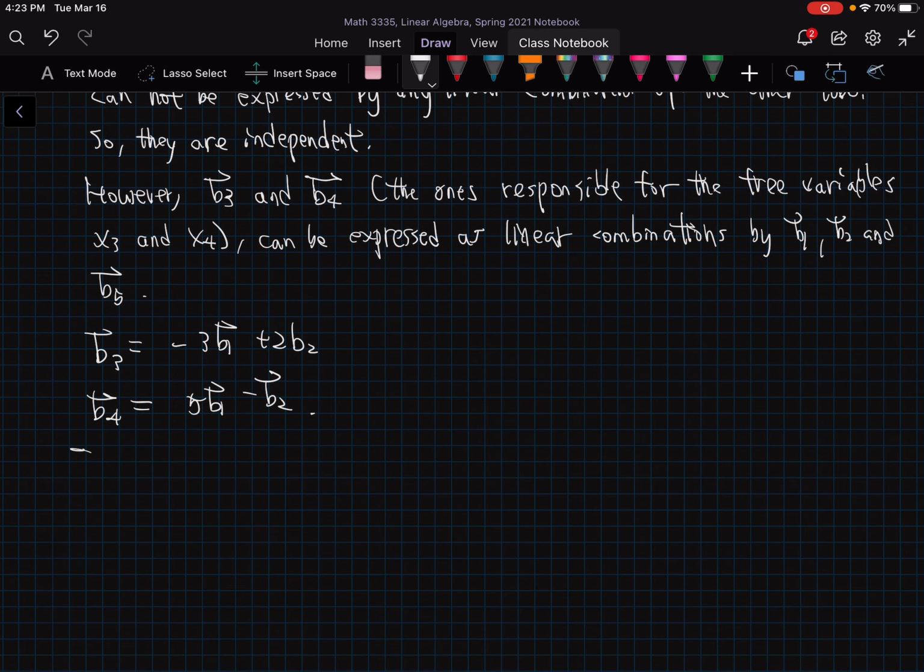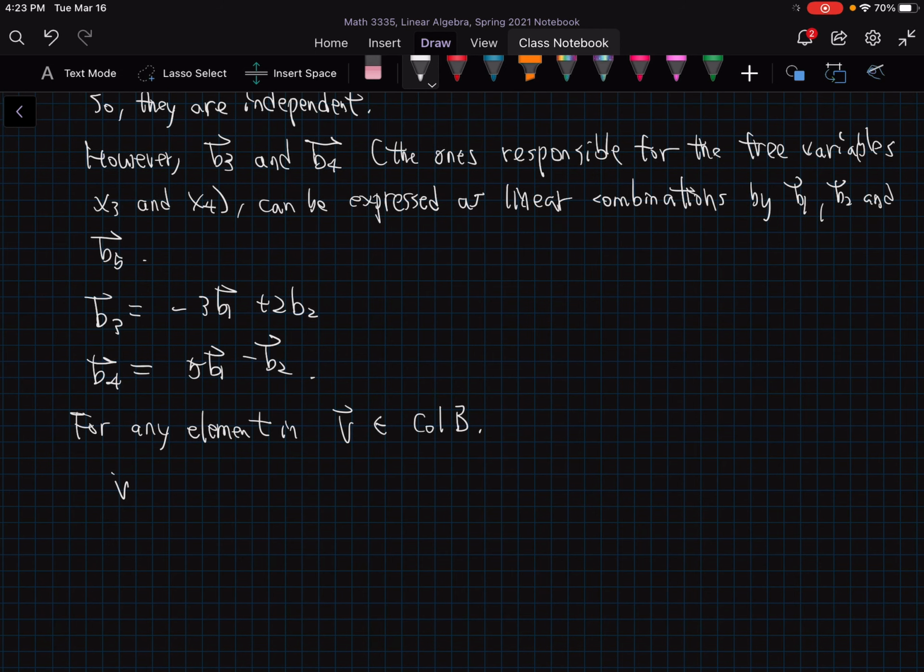Okay, so for any element in the column space, we call it V, if V is in the column space of B, then V is a linear combination of B1 to B5, right? I'm going to write it this way, plus C5 B5.